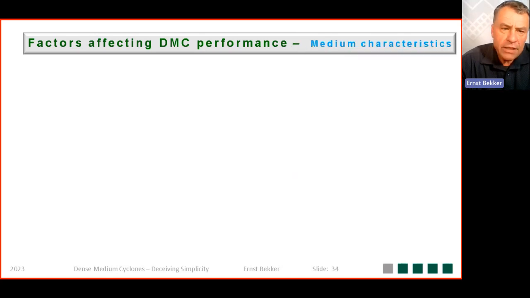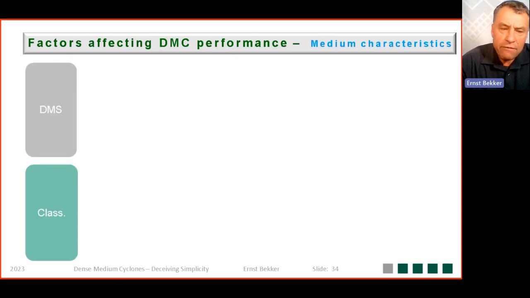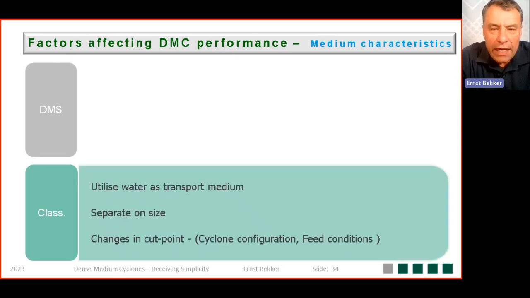When we look at medium characteristics, we first have to look at hydrocyclones. Maybe a bit of a surprising comment, but let's just think about hydrocyclones. It utilizes water as a transport medium that will transport the solids.